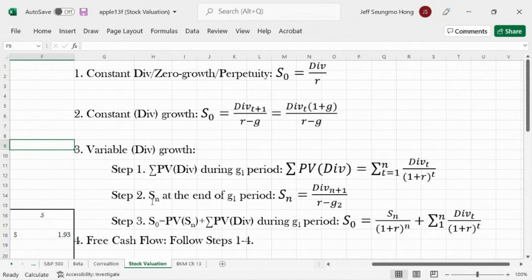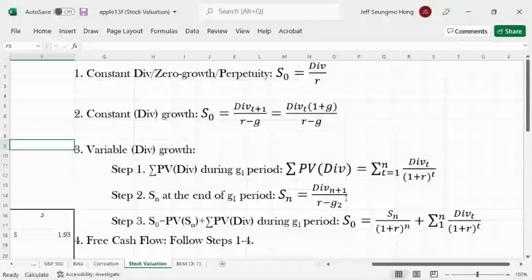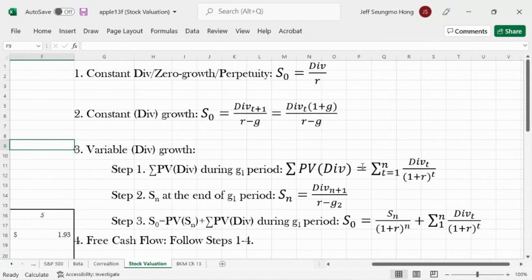And then step 2, find the stock price at time n, which is at the end of the fast growth period, and we can find this stock price at time n by using the Gordon growth model, because once the fast growth period is over, then comes the constant growth period, right?